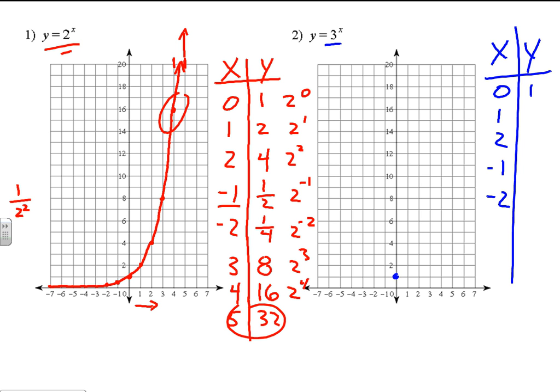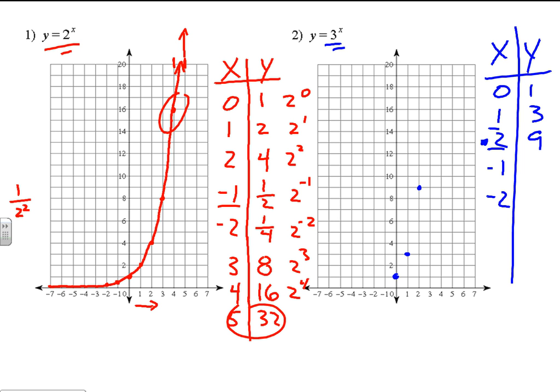When x is 1, I get 3 to the first, 3. So I get the point 1, 3. When x is 2, I get 3 to the second. 3 times 3, 9. By the time I'm at 2, I'm all the way up to 9.